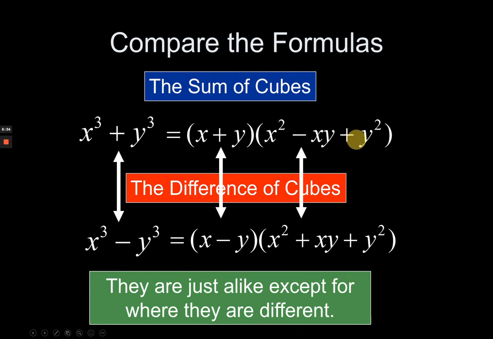Again, this cannot be negative. Any square of a number is positive. Anyway, if you get lost, just always go back to this video, or you may take note of your formula. Okay, let's proceed. We will now use this formula to solve a problem.